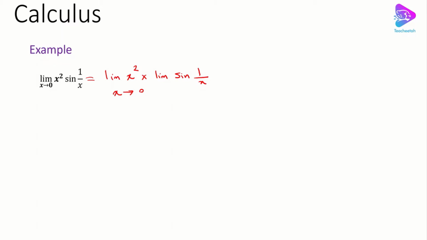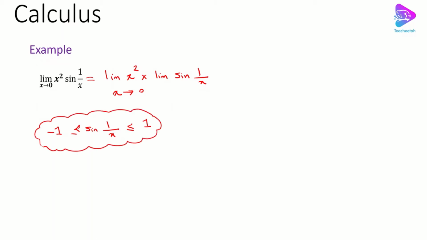But we know that the sine function is a periodic function which is between 1 and minus 1. Therefore, we can say sine of 1 over x is actually between 1 and minus 1. So what we have to do in here is somehow convert this inequality that we have written in here into the form of the function that we have in the limit.